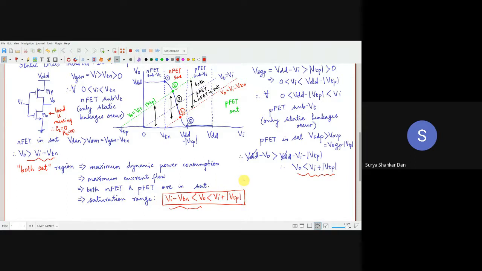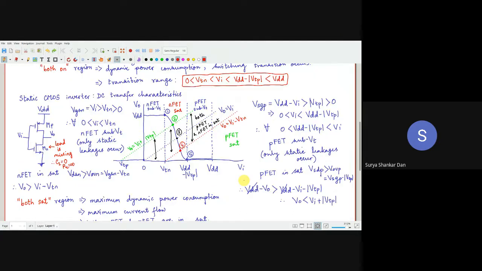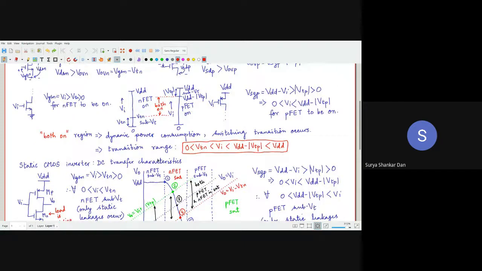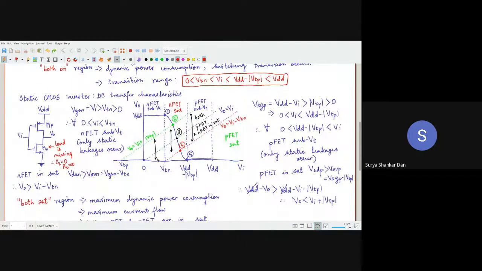Now to conclude the DC characteristics, or the transfer characteristics, what we understood is that there are two ranges of operation in the static CMOS inverter. What I have shown over here are conditions, meaning exact values of VI and VO. Range means the region.